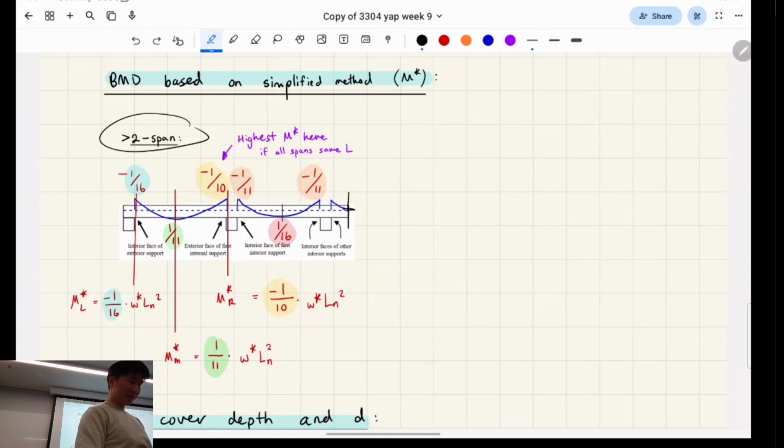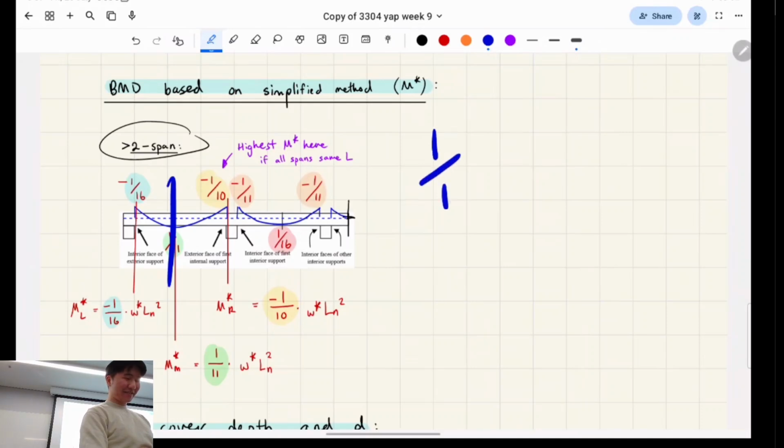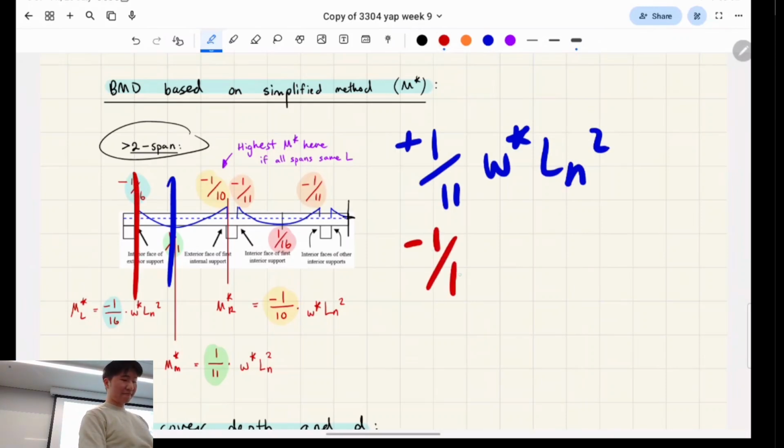Where do you reckon the max moment will be? In the middle here? You sure? So that factor is going to be this, right? It's going to be positive bending, and this point here is going to be negative bending. Which number is going to be bigger?